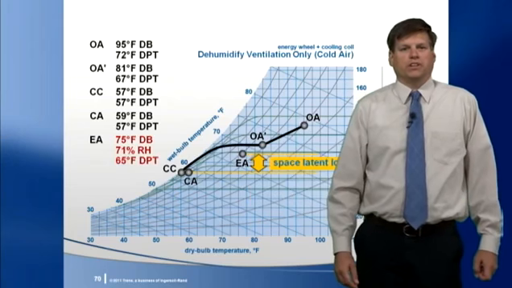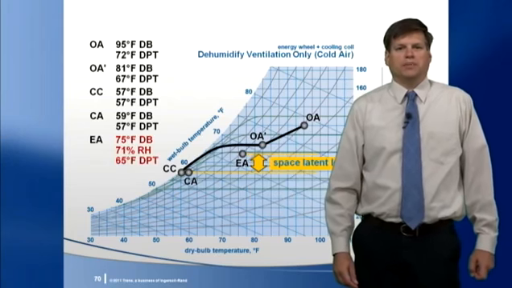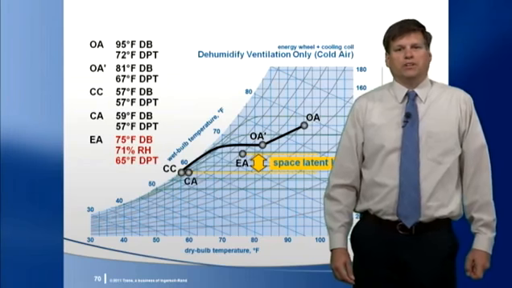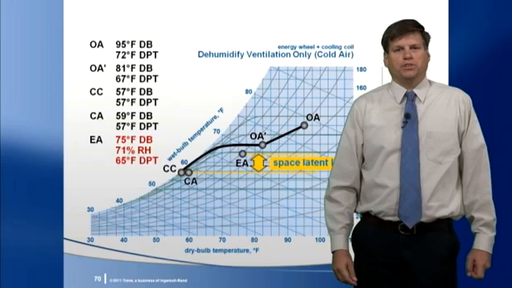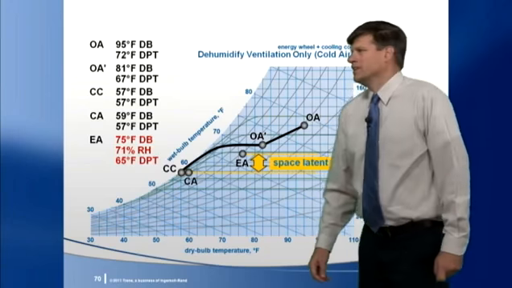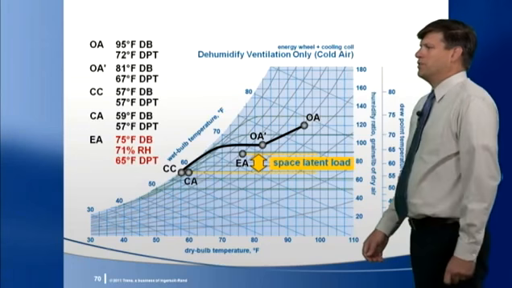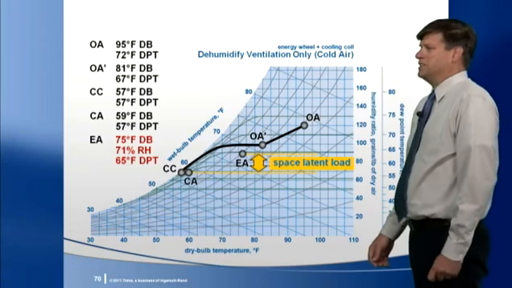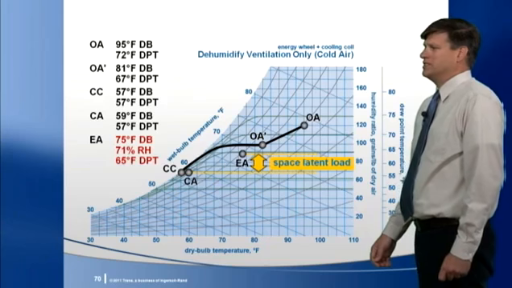Based on the chart I showed earlier, if this is a classroom where we wanted to keep the space below 55% RH, the dedicated outdoor air unit would need to provide 46-degree dew point air to remove all the space latent load. In this case, with the outdoor air being delivered only at 57-degree dew point, the actual relative humidity in the space will be higher than 55%.